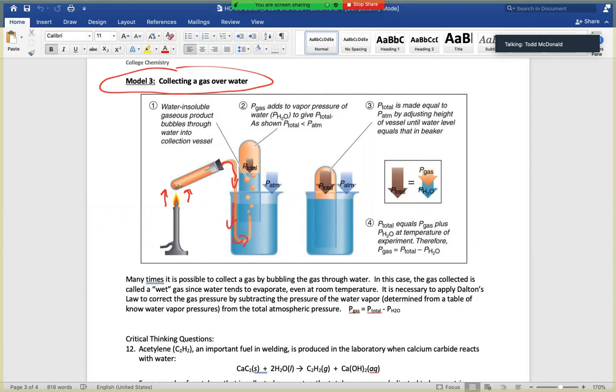And then if you look at this right here, this looks like a test tube, or potentially we would use a graduated cylinder upside down. The idea is that if you fill that with water first and then bubble a gas into it, the gas goes to the top of that test tube or graduated cylinder, and then the water gets displaced by the gas.